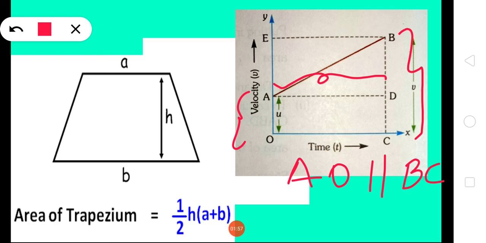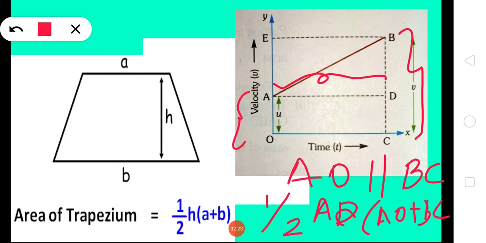So if you look at this figure, then the area of this trapezium will be half into height or the distance, which is AD, into the sum of the parallel sides, which is AO plus BC. Remember this formula.